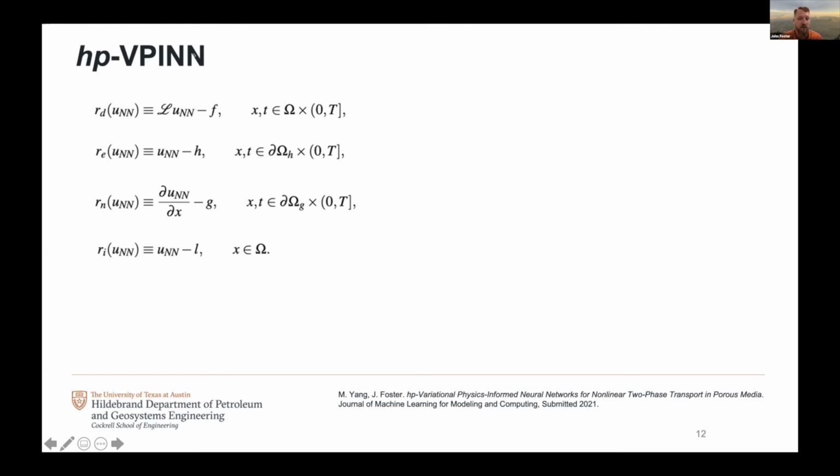So in the balance law, instead of using the continuum balance law, we're going to use the weak form of the balance law, as we would in a finite element solution. In the construction of the loss function, we have the balance law itself. This L is just a differential operator on the neural network. And then these are boundary conditions: essential boundary conditions, Neumann boundary conditions, and initial conditions.